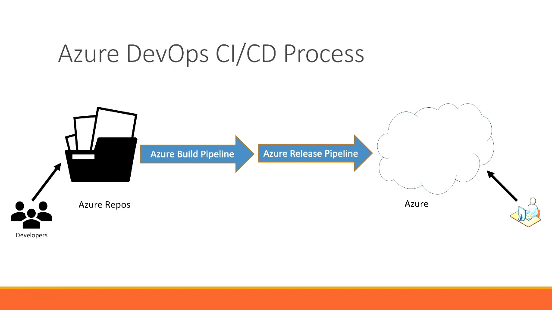The final artifact is deployed to the cloud, or maybe it can be an on-premise server also. By the way, Azure DevOps not only deploys code to Azure, it can deploy to any other cloud, AWS, Google, or it can deploy on an on-premise server also.